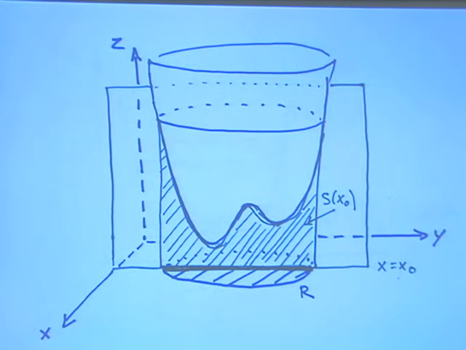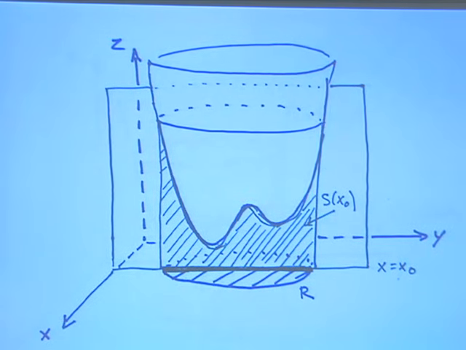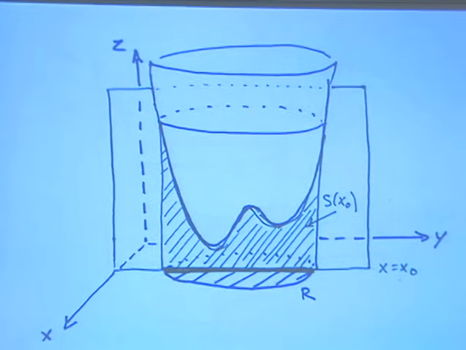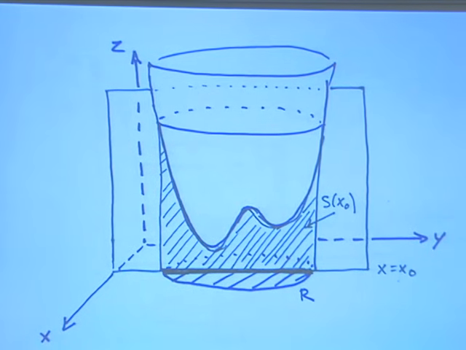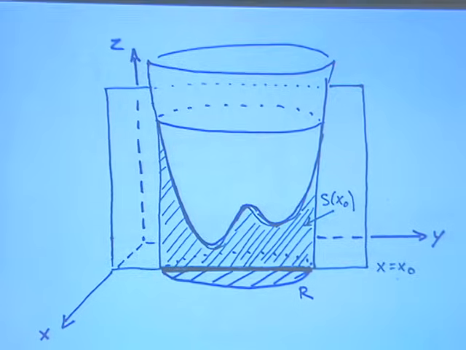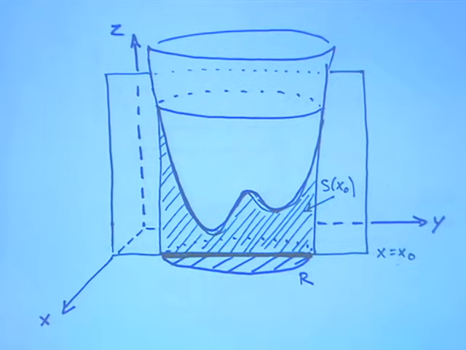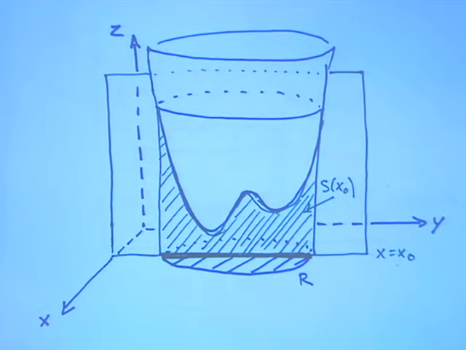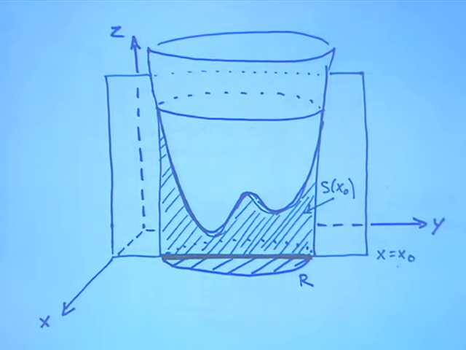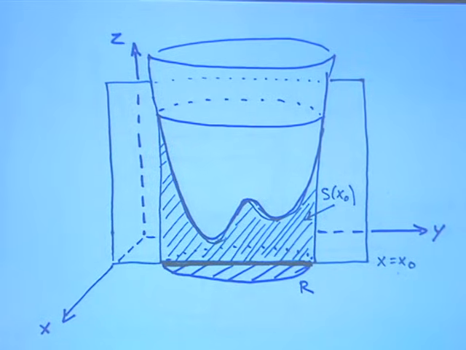Now in each slice, I get what looks a lot like a single variable integral, and that integral will tell me the area in this black shaded slice. Then when I add all of these areas together as the value of x changes, I will get the volume.